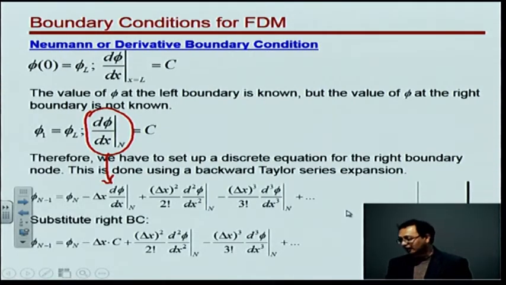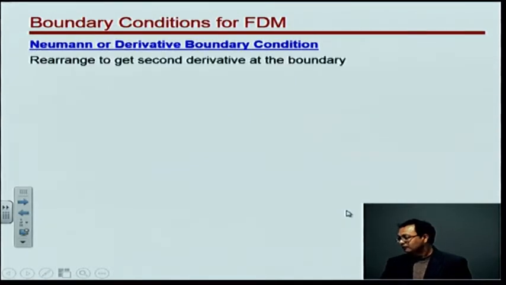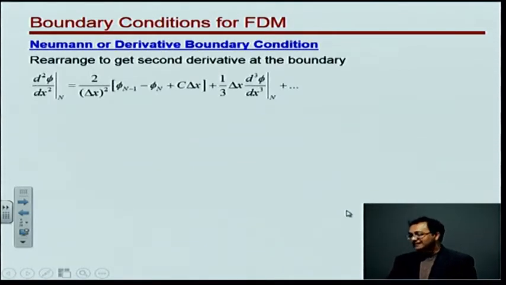All right, now what do we do? We rearrange that equation to obtain an expression for d square phi dx square, which is in our governing equation. So we rearrange to get the second derivative, and this is what we end up getting for our second derivative.